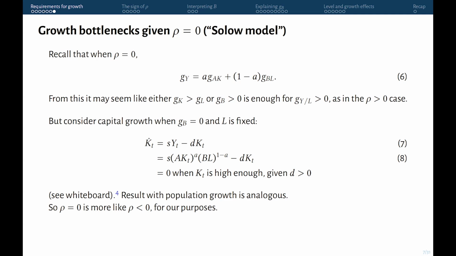Whereas in the Cobb-Douglas case, in the Solow model case, if you have a constant exponent, little a, on capital, let's say it's a half or something, well, if you had no depreciation, everything I was saying before goes through, right? You can just keep on saving and keep on growing at a slower rate, but you'll grow without bound. But the marginal product of capital falls to zero, right?